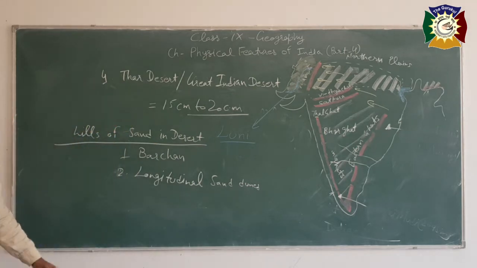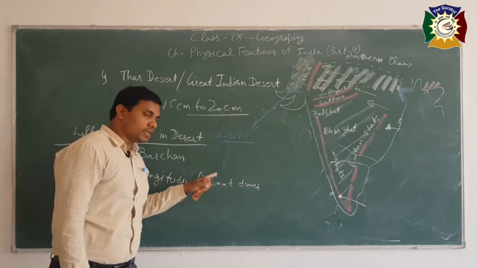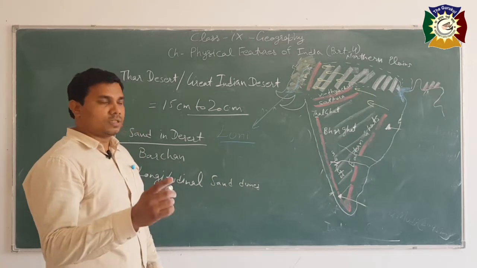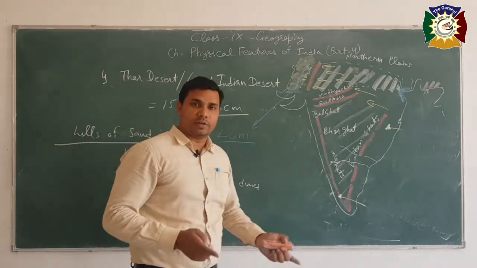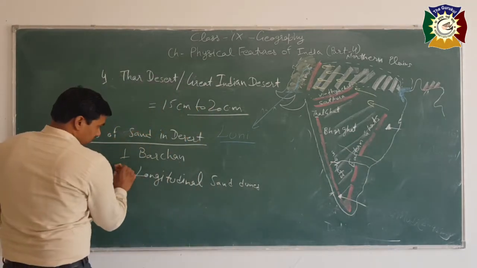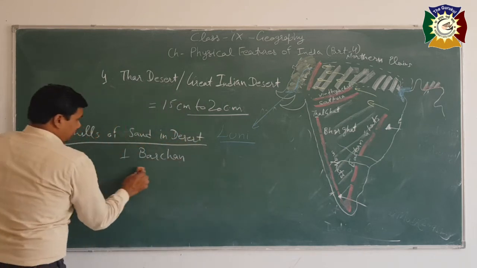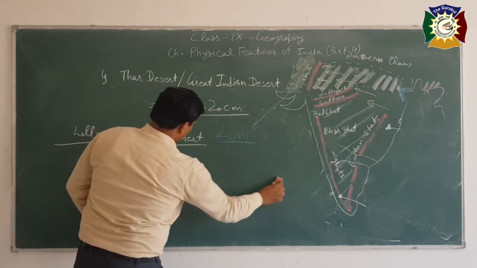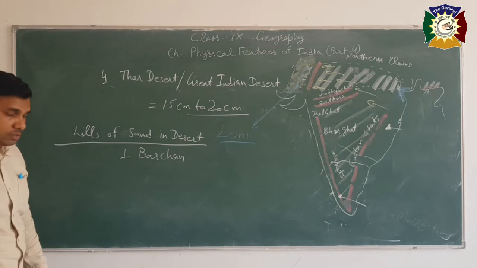Now let's try to understand how these sand dunes form. The formation of these sand dunes is not given in the book, but I am explaining it here. First of all, the Barchans.